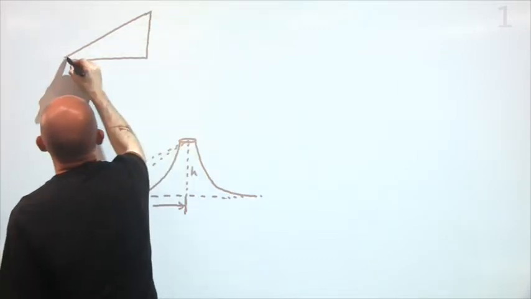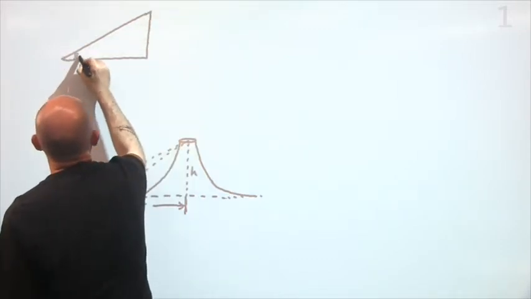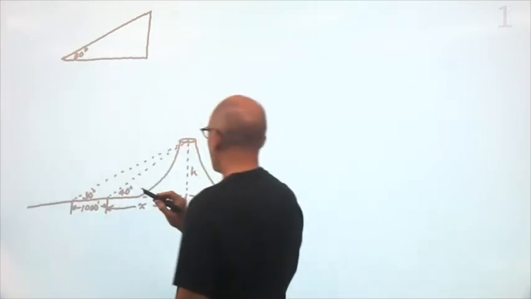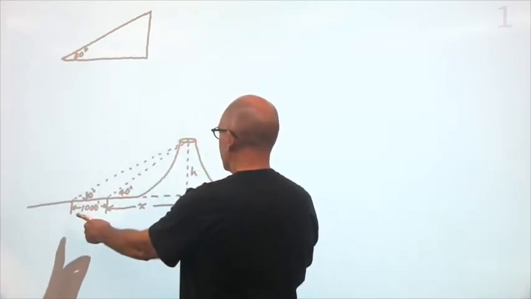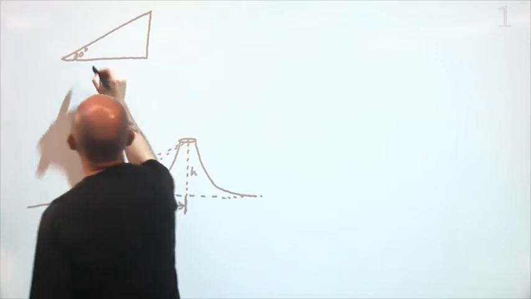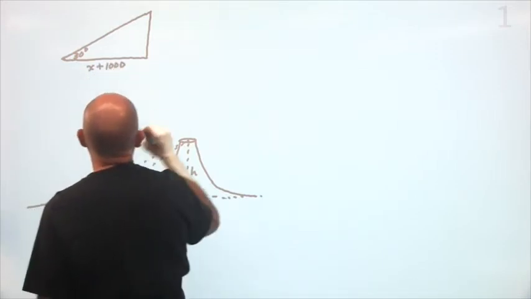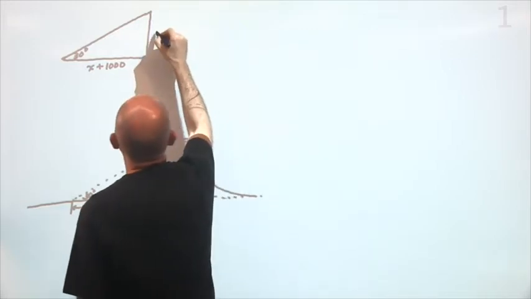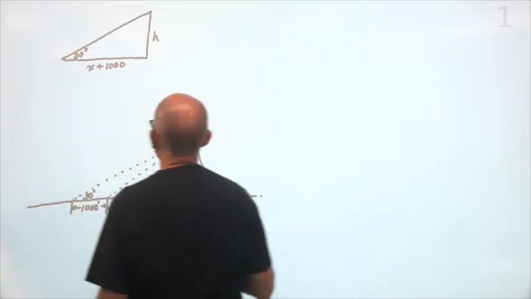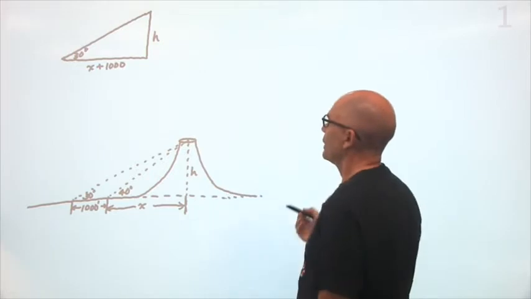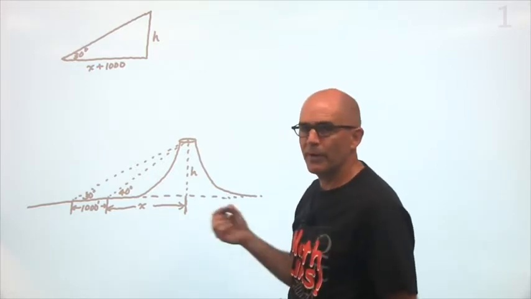So there's my 30-degree triangle. And what's the base? It's 1,000 plus x. So x plus 1,000. The height is h. And that's all we need to know. We don't care about the hypotenuse.